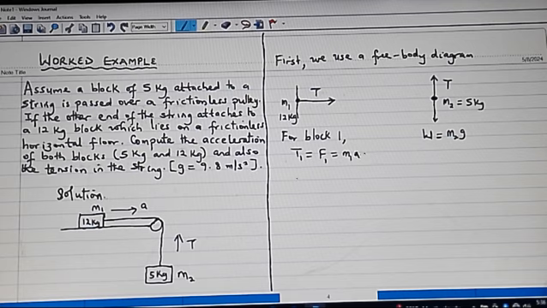Then for particle 2, which is block 2, that's the 5 kg. Since it is hanging, if we are pulling this down, for it to come down, it means the weight must be greater than the tension on this string.